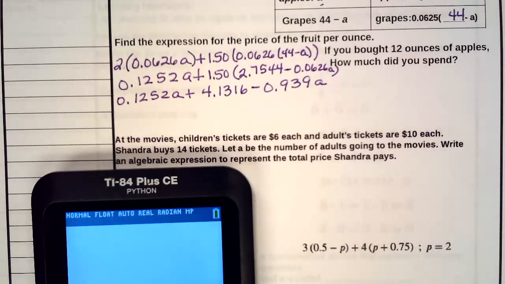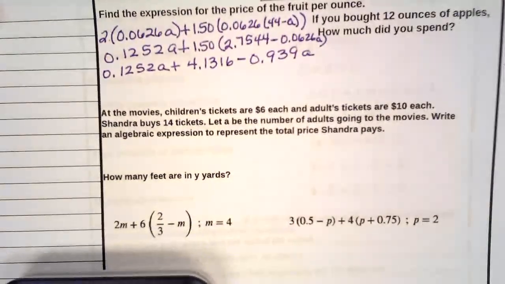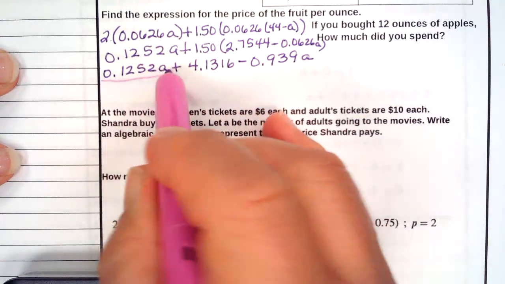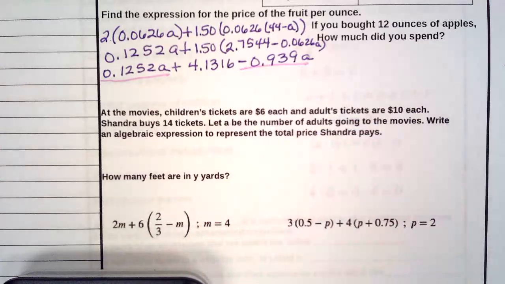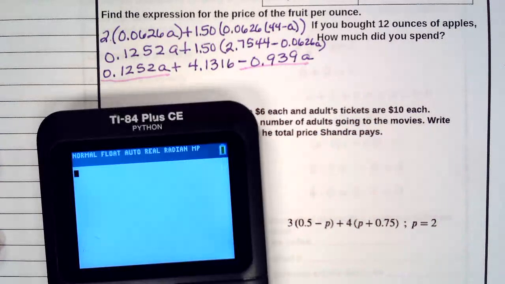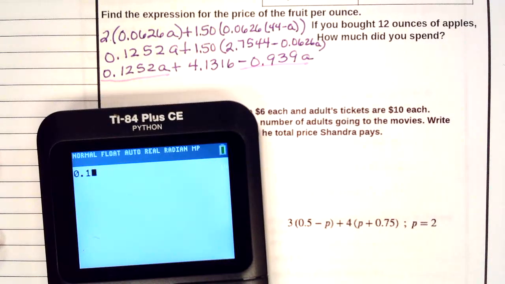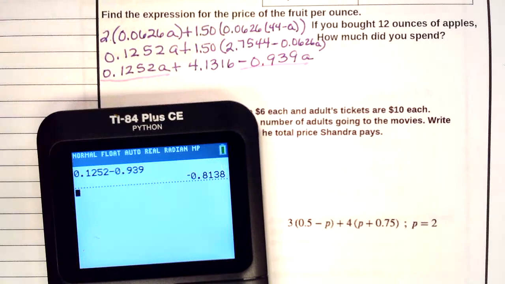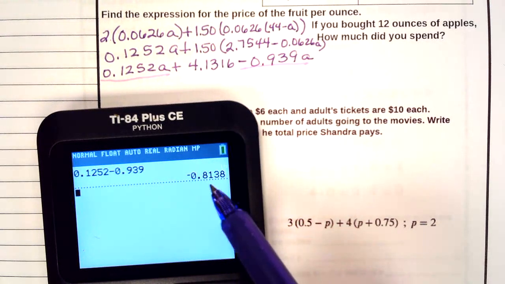Well, we're going to combine our like terms. So we're going to add the two A's together. One of them's negative. So 0.1252 minus 0.939, and I've got negative 0.8138.